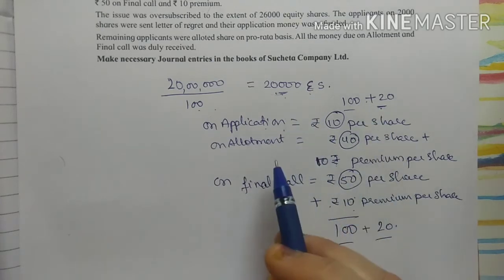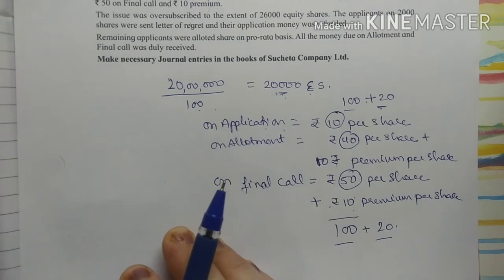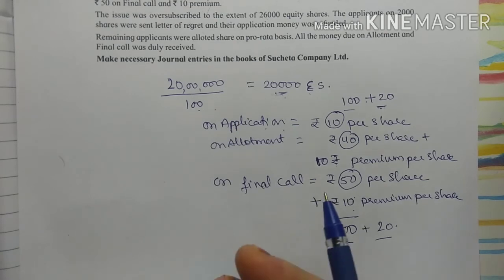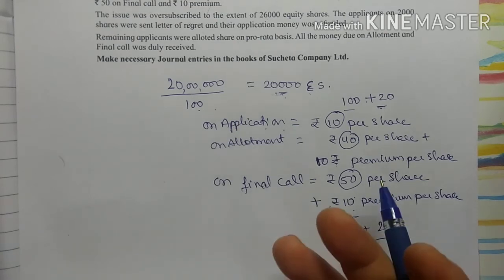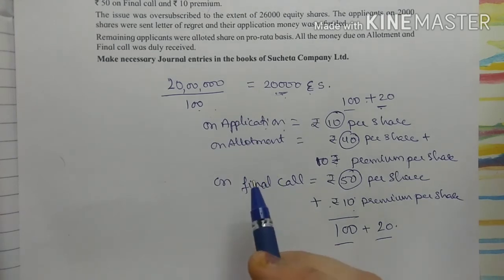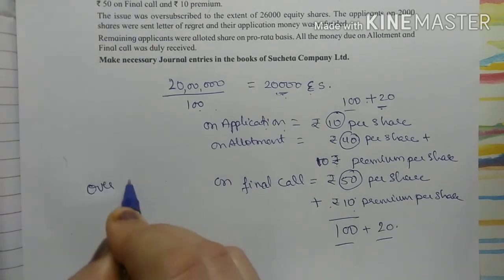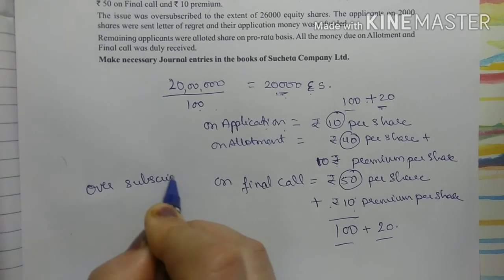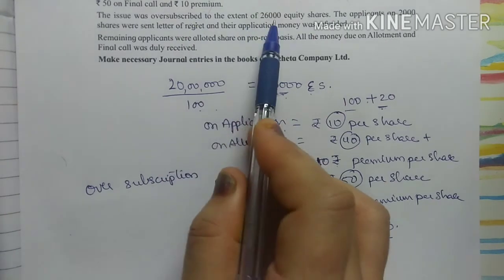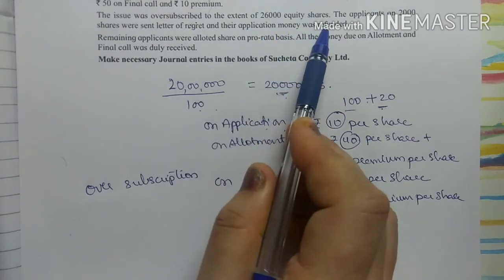If there are 100 seats for admissions, is it necessary that only 100 applications will come? No, sometimes more can come, sometimes fewer can come. So whenever more people have subscribed for more shares, it is called oversubscription. And whenever people apply for a smaller number of shares, it is called undersubscription. So this is a case of oversubscription, right? Here it is already given in the problem clearly. The issue was oversubscribed to the extent of 26,000 equity shares.